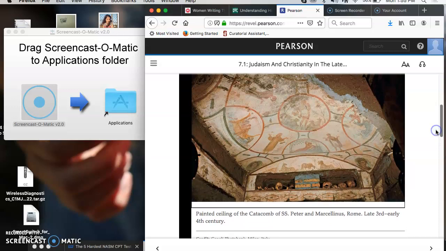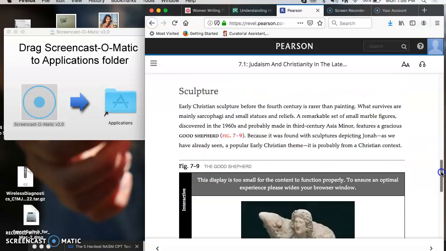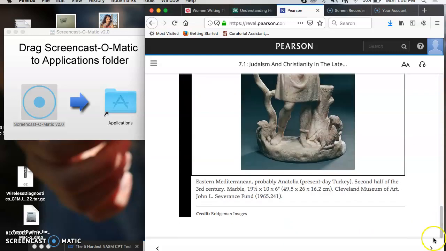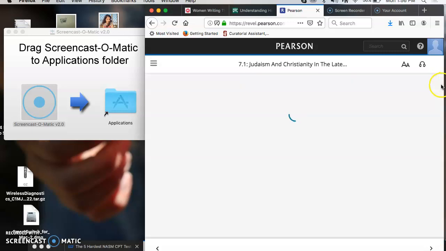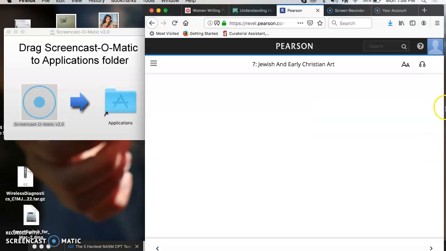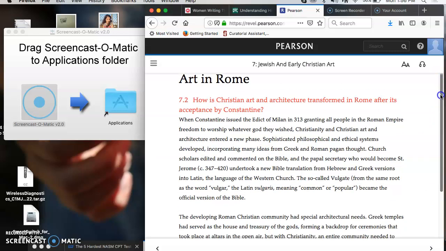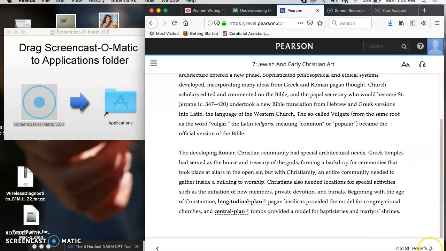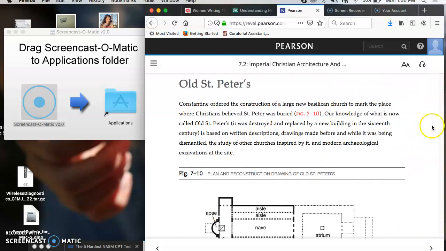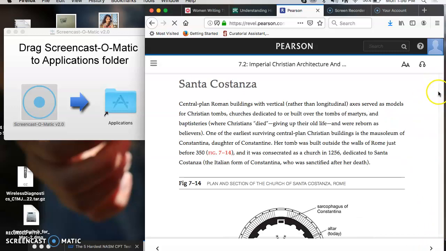What you're going to be exploring is how Christians in Rome took Roman ways of making art and used them for Christian subject matter. A process that's called syncretism, a kind of a synthetic process, a blending of an older art form with new ideas. So I want you to read through the chapter focusing on the art and the architecture, and we'll get a chance to then move to our discussion process.